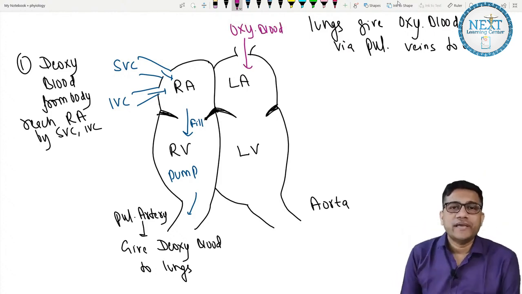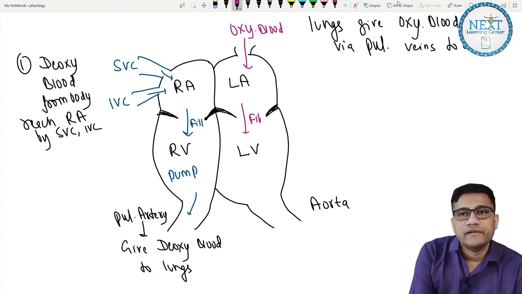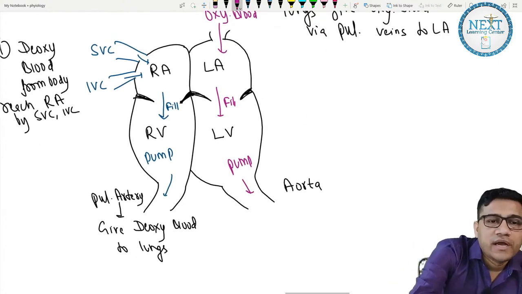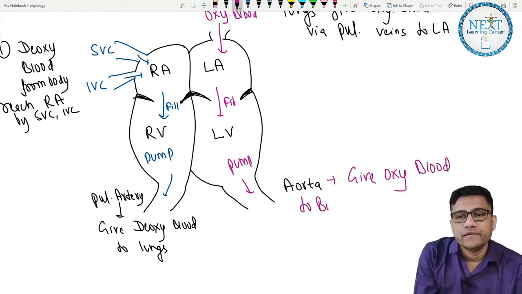Now the left atria will fill, and the left ventricle will pump this blood to the aorta, and the aorta will then give oxy blood to the body organ systems.